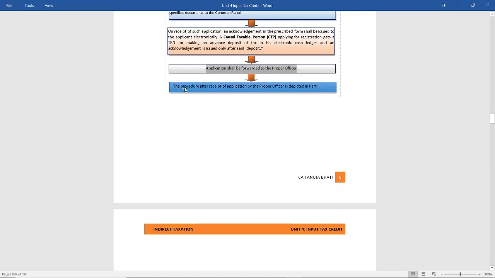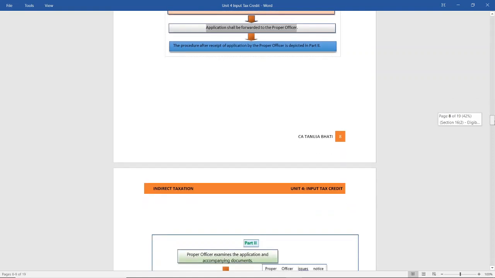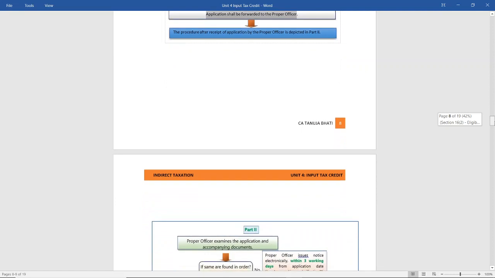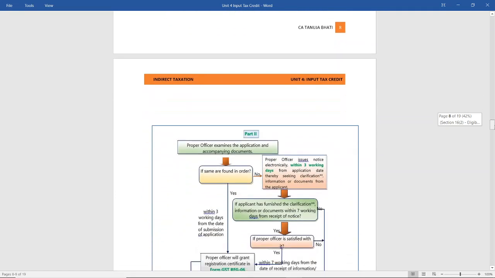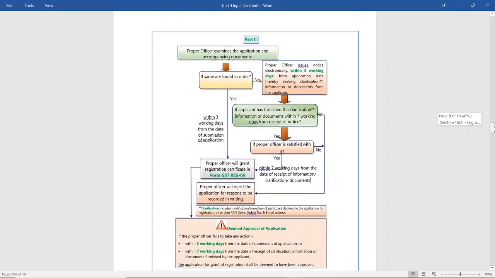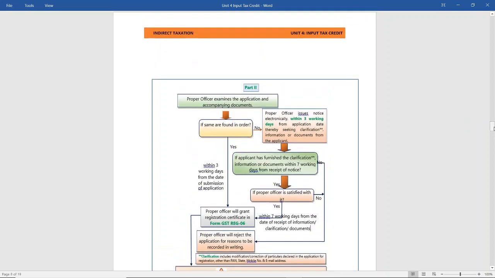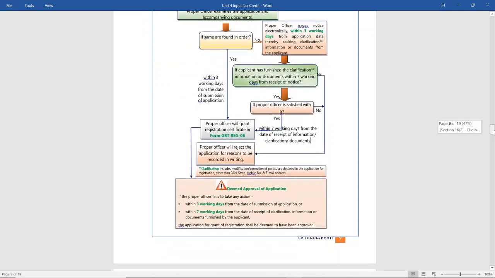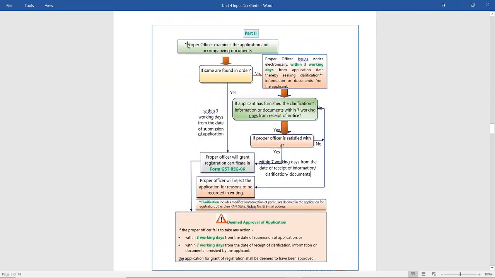So let us see the procedure after receipt of the application. Now the application has reached the proper officer, a person in the GST office who will verify everything, including the documents, because in Part B the applicant will be attaching certain documents. So it has to be verified by a person, the GST proper officer.